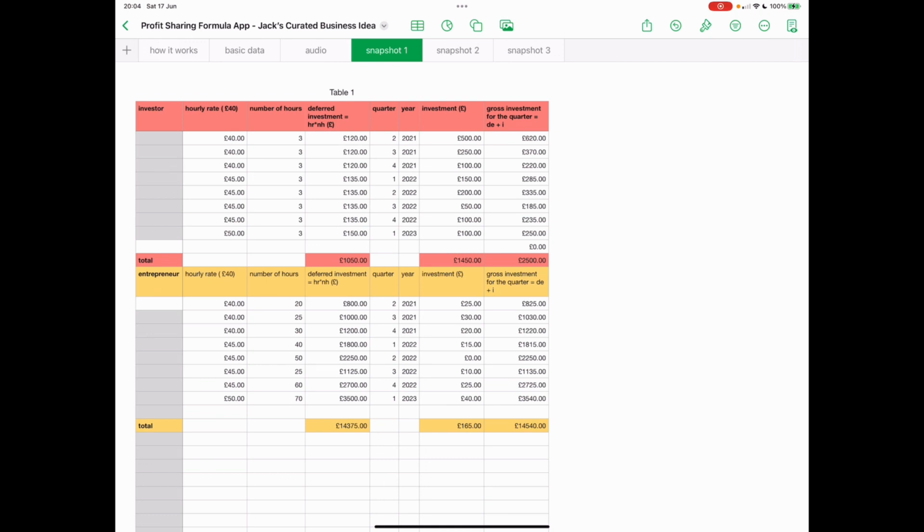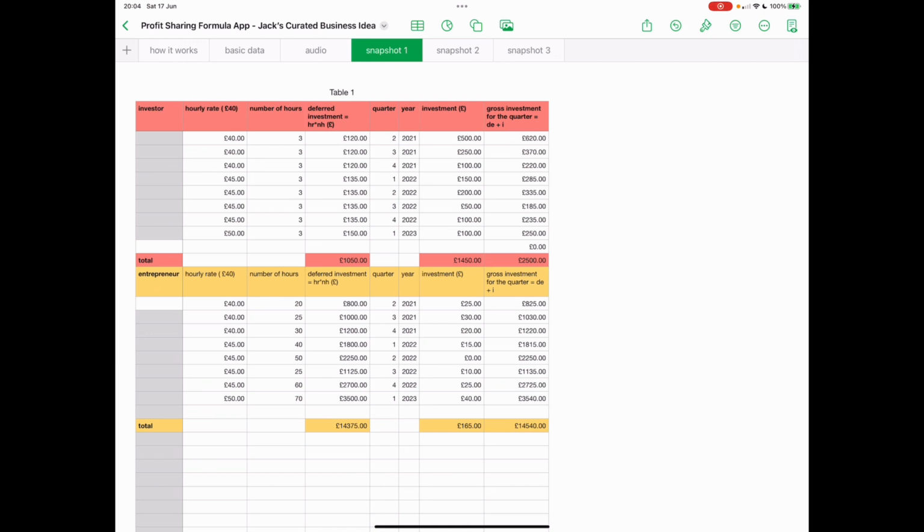The physical cash he put in between 2021 and 2023 was £1,450. And then the gross, which is the summation of both, is about £2,500. That is £1,050 plus £1,450.